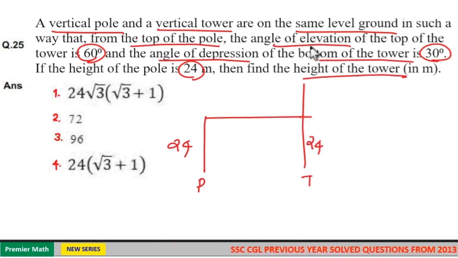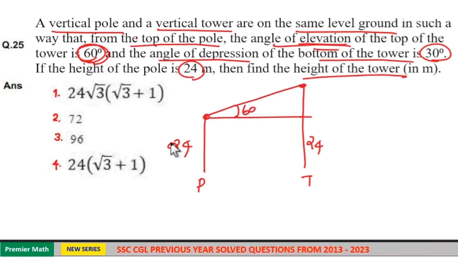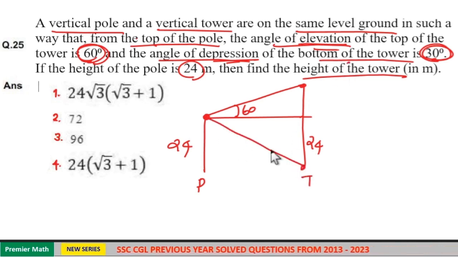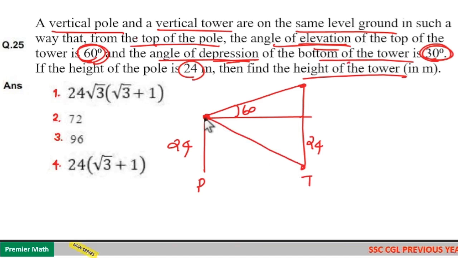Now here the angle of elevation is 60 degree, that is from the top of the pole to the top of the tower. This is the top of the pole, this is the top of the tower. And the angle of depression is 30 degree, that is from the top of the pole to the bottom of the tower. This is the line of sight, this is the top of the pole and this is the horizontal line.